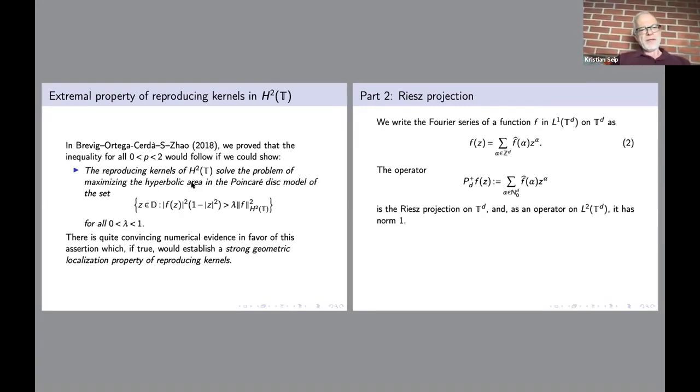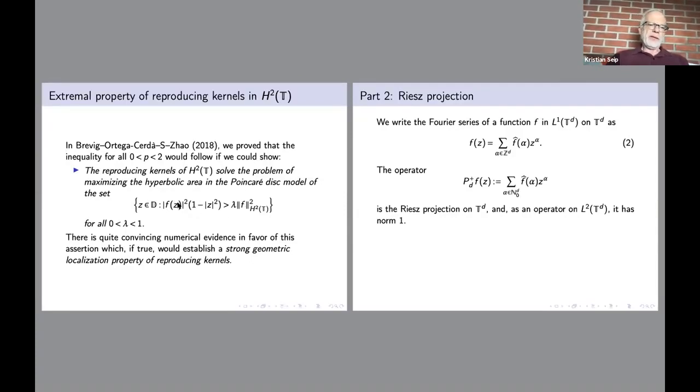So the statement is the following: the reproducing kernels solve the problem of maximizing the hyperbolic area in the Poincare disk model of this set.